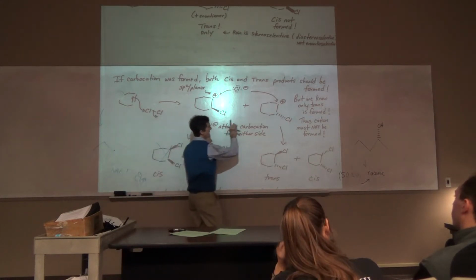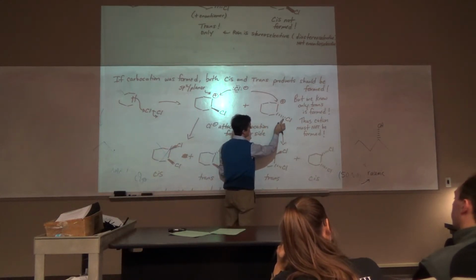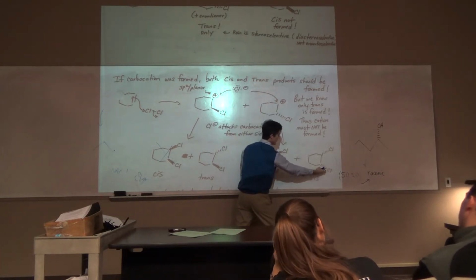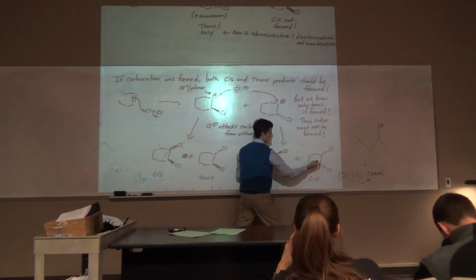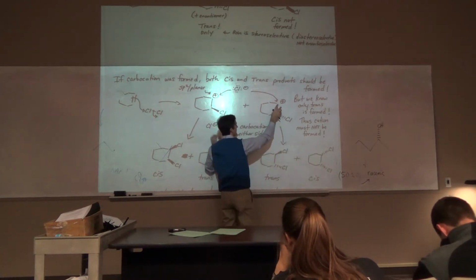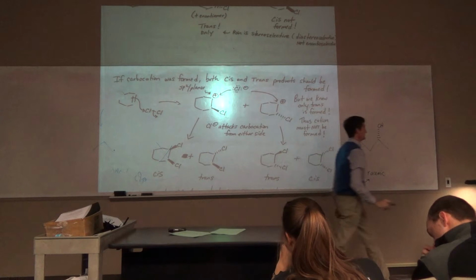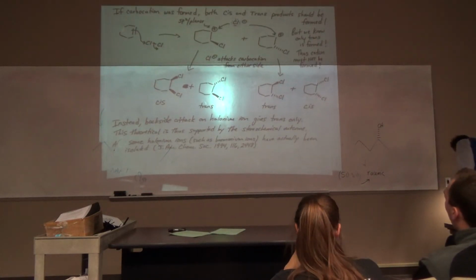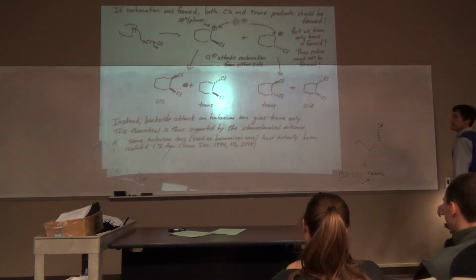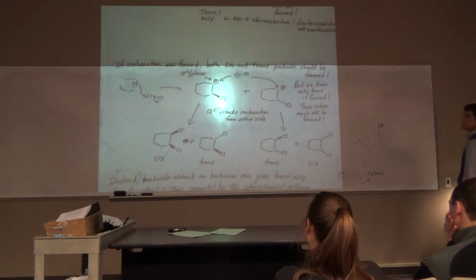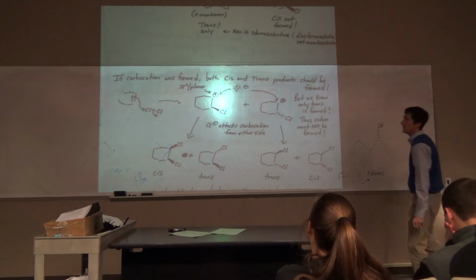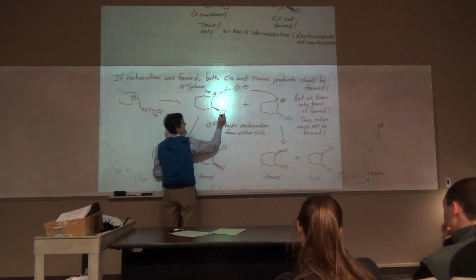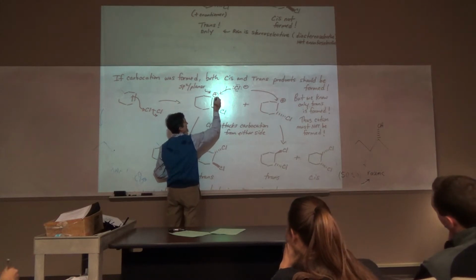By the way, if we attacked over here, then this came in either way. There'd be no change here, but you'd get either up here. And again, we know the cations are not formed. Instead, this comes in and does this.